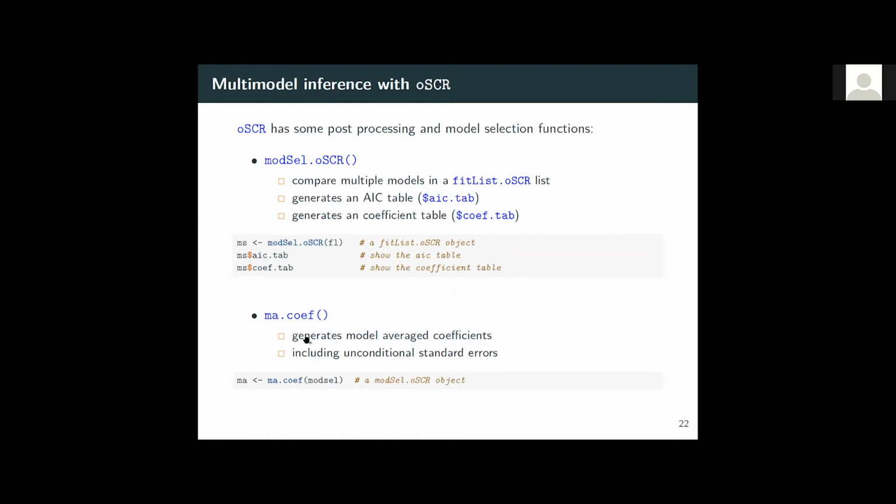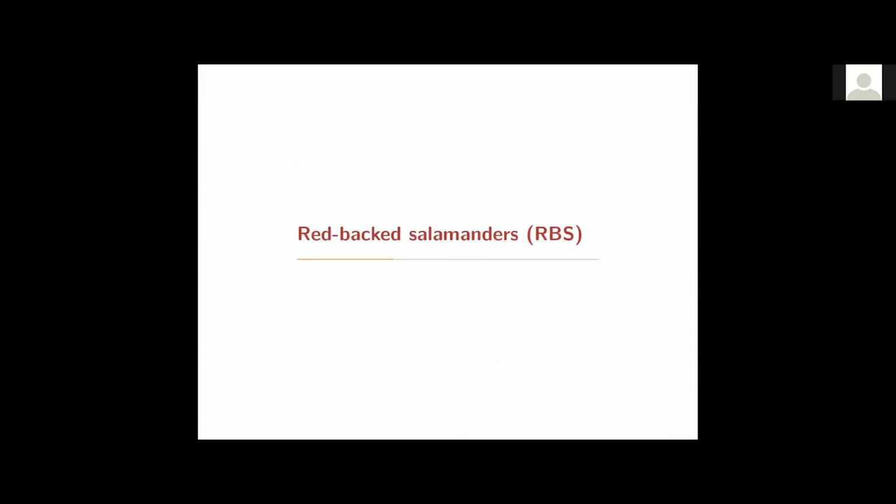What's really nice is that this spits out a relative variable importance value, which is essentially an AIC weighted measure of importance of each of the parameters across your whole model set. This will become more apparent when we start diving into an actual example, which is now.